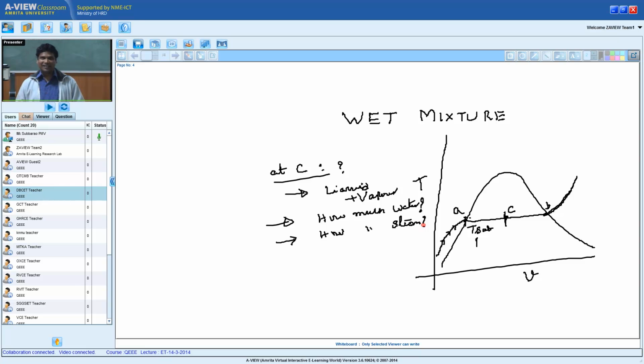So this is the one which wanted to be explicitly understood. That's how the people wanted to see the fraction of water in a wet mixture. That became a very important thing.